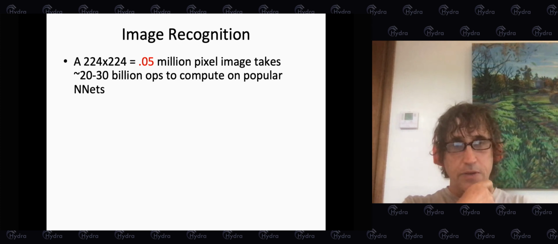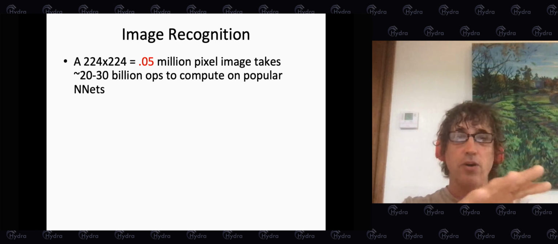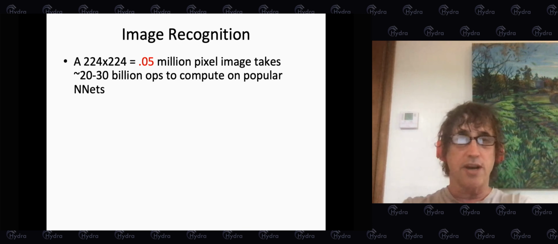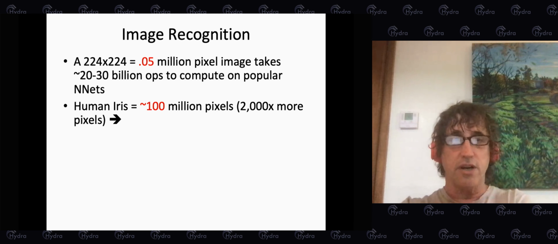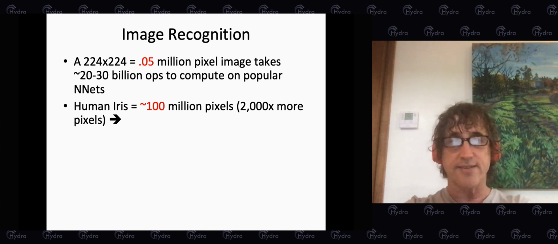When we run an image like that through a typical neural network, it's about 20 to 30 billion operations to do the computation. So for 0.5 million pixels, it takes about 20 to 30 billion operations.